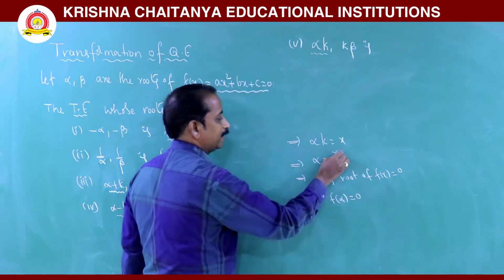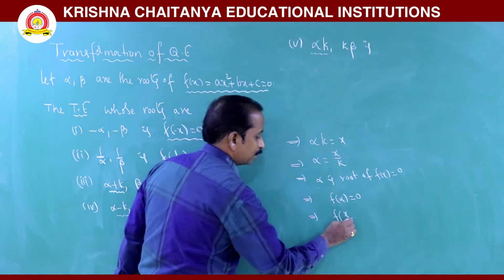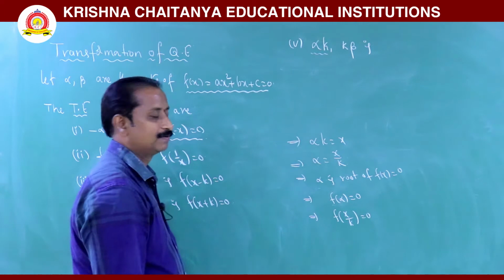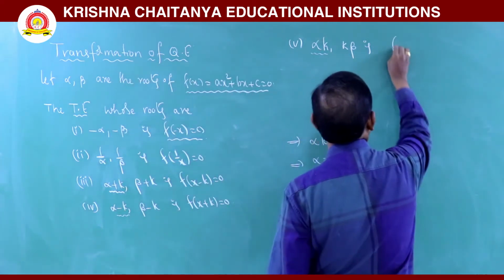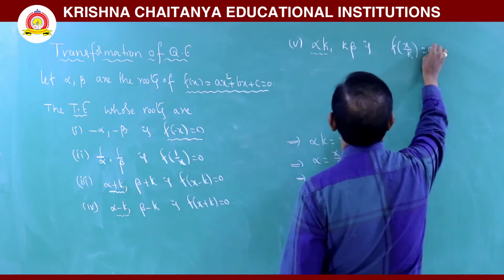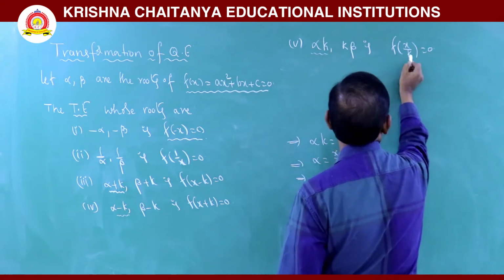What is alpha here? x by k. So the required transformed equation is f of x by k is equal to 0. So the required answer is f of x by k is equal to 0. So reverse multiplication is nothing but division.